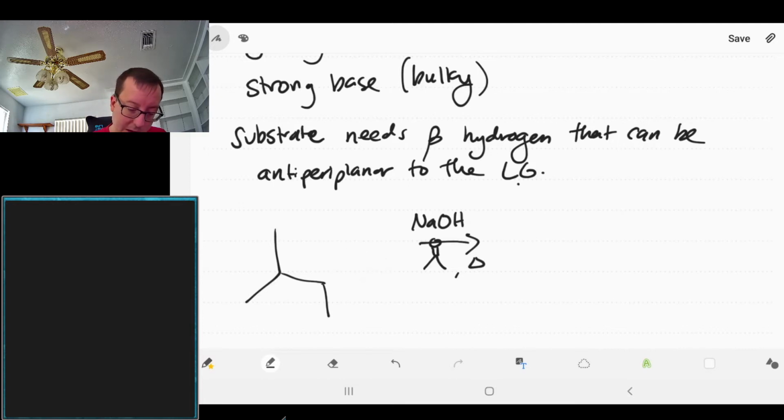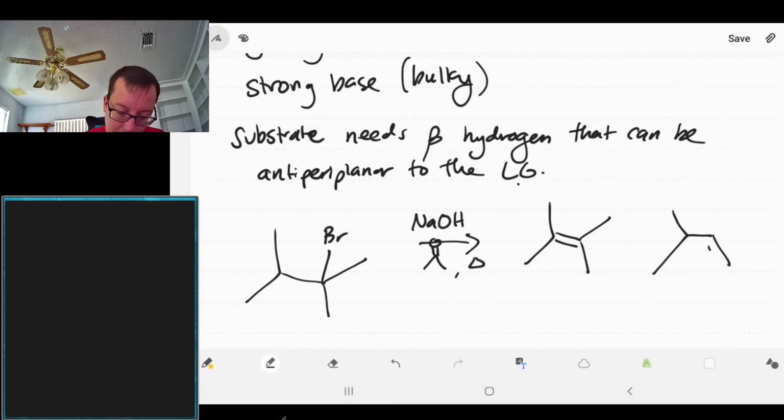I'm in fact going to make this tertiary just so we don't have to worry about any substitutions happening. Remember, substitutions don't happen on tertiary leaving groups. So if we do this, we're going to get a mixture of our eliminated product, that's the Zaitsev product, and our Hofmann product.